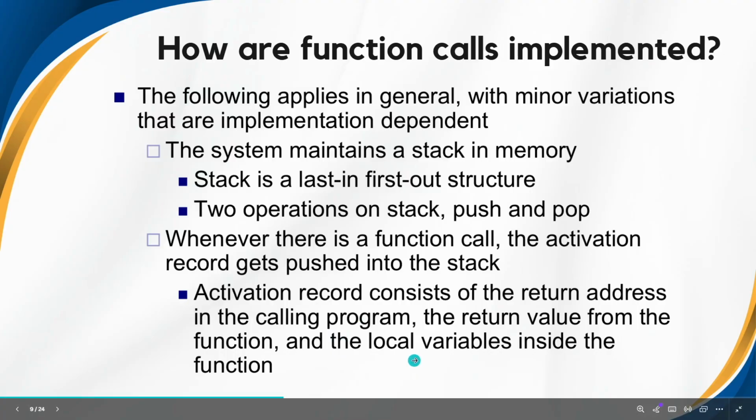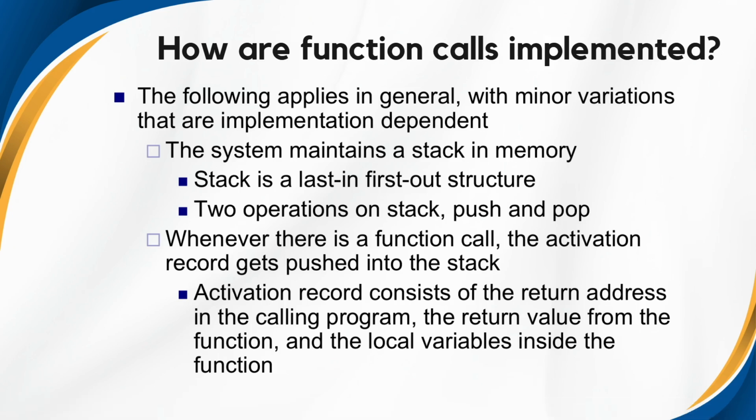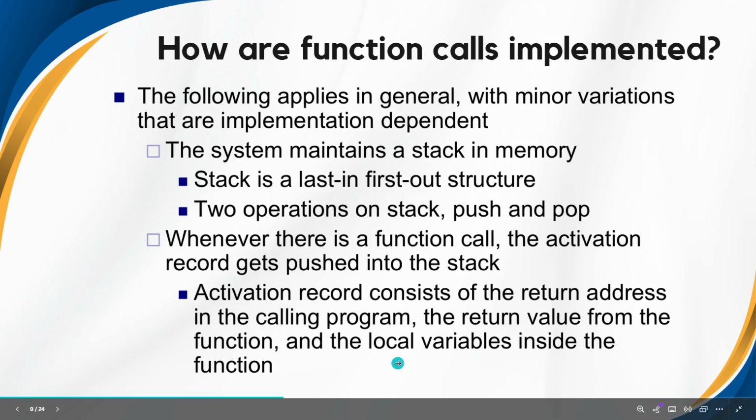Not only that, at the time of making a call and the control being jumped to the function definition, we may be dealing with many variables in the actual program from where the call was made. Such values should also be preserved somewhere, and in the activation record we maintain all those values. The local variables inside the function will be stored there, and the return value from the function will also be preserved in the activation record.